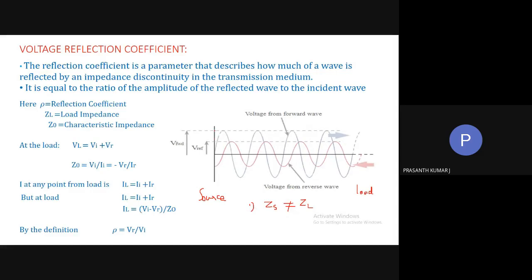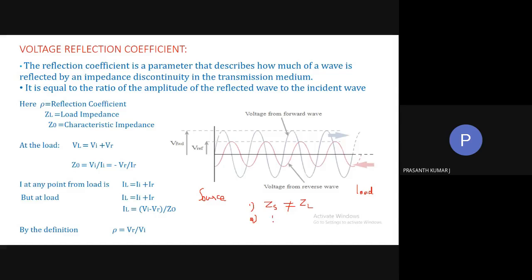Source impedance is at the sending end, at the point where we are connecting the source, it is having some impedance. This impedance should match with the load impedance. If it is not matching, that means mismatch, and there are reflections on the transmission line.